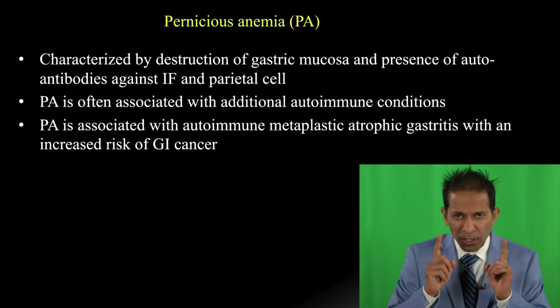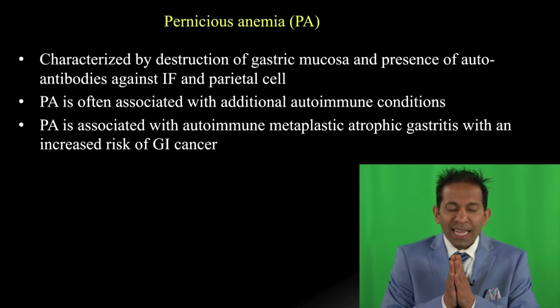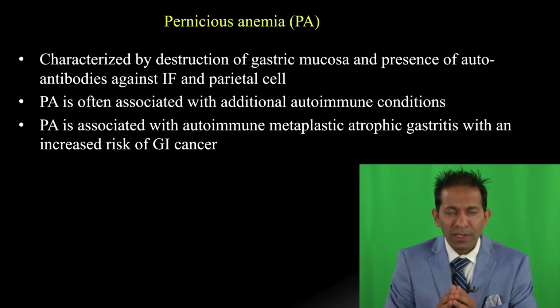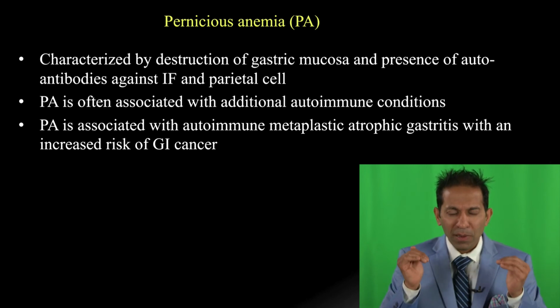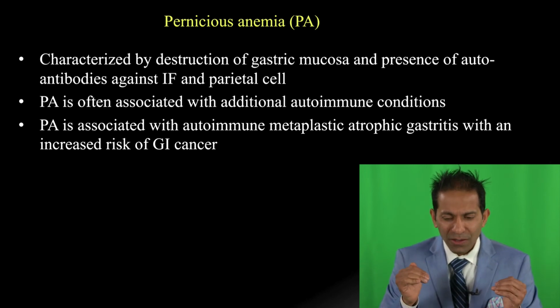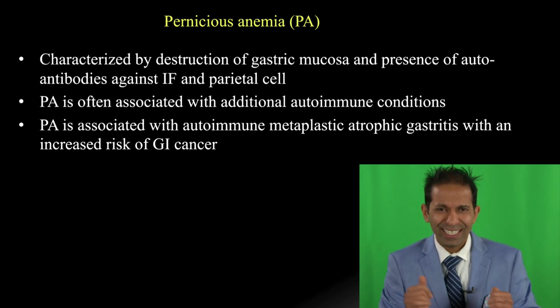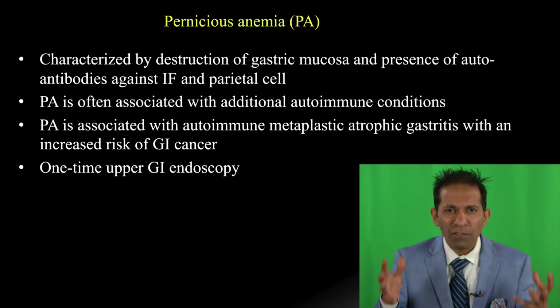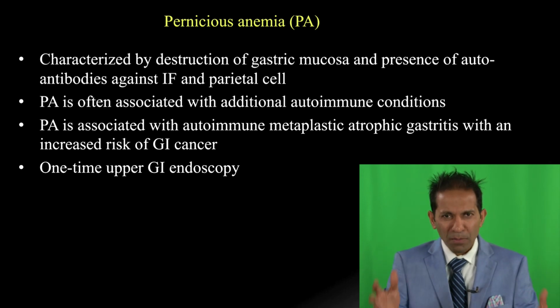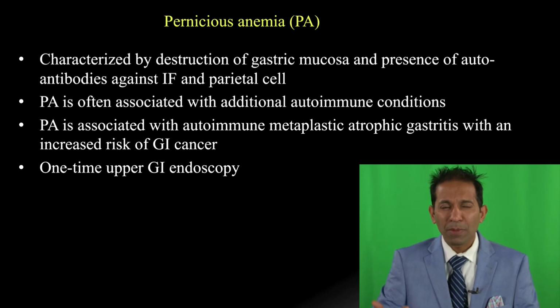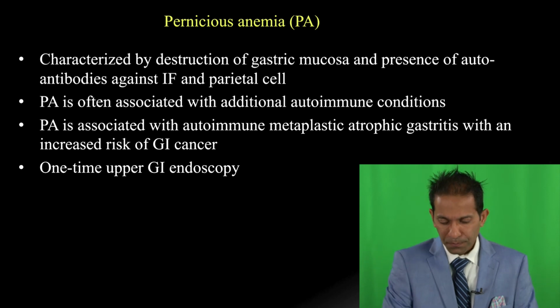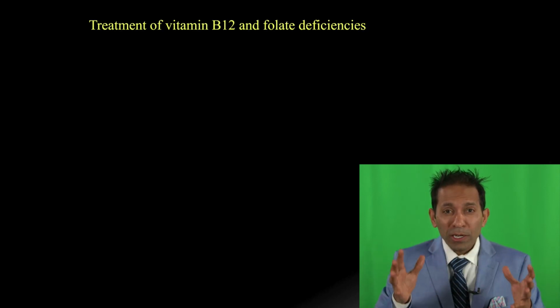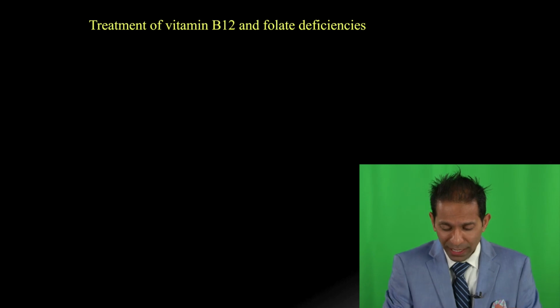Now, one important point, pernicious anemia is also associated with autoimmune metaplastic atrophic gastritis, which is a precancerous condition. It can lead to GI cancer. So the recommendation is, if you have made a diagnosis of pernicious anemia in a patient, you should do a one-time upper GI endoscopy.